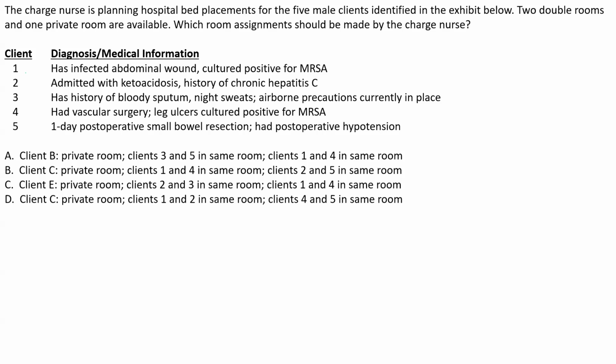So you can put 2 MRSAs in the same room, same infection. Nothing wrong with having 2 patients with the same infection, like 2 MRSA cases, in the same room. And 2 and 5, 2 with Hep C, and 5 post-op small bowel resection and hypotensive.